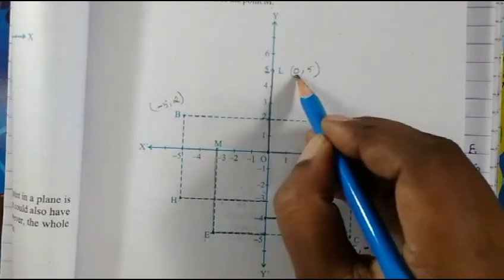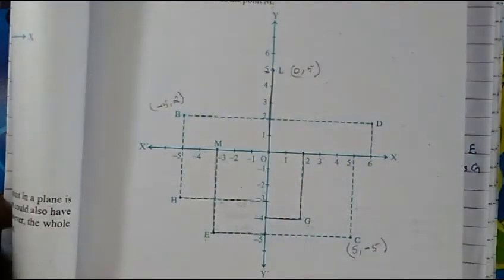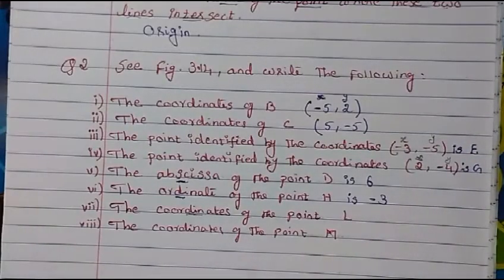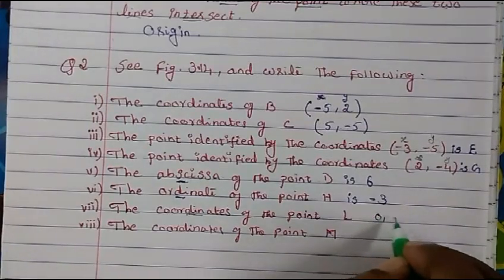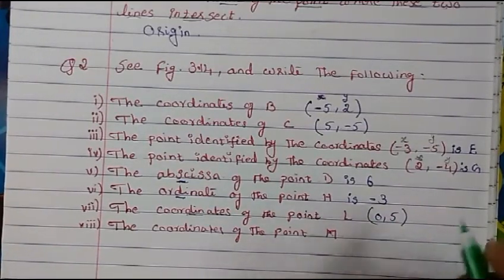So the coordinates of the point L are 0, 5.